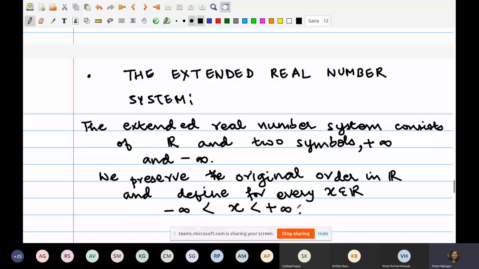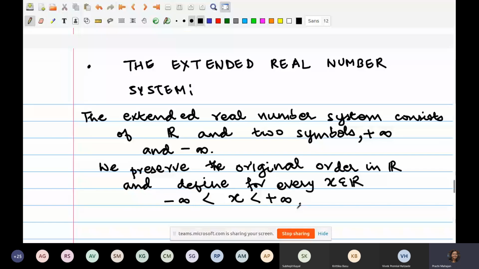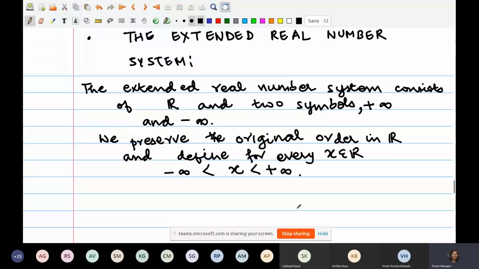With this definition in mind, if you have a non-empty subset of real numbers which is not bounded above in the real number system, then we assign the symbol on the right as its supremum. This is more of a convention.